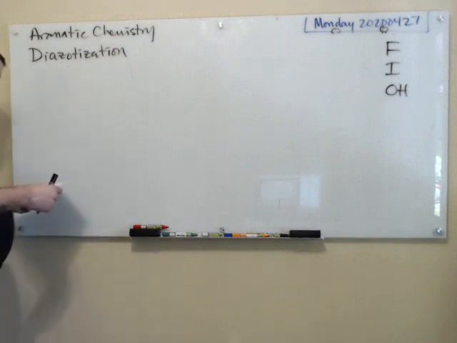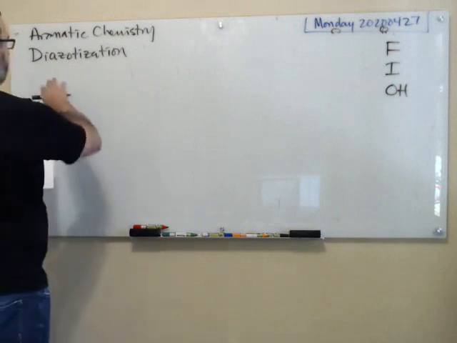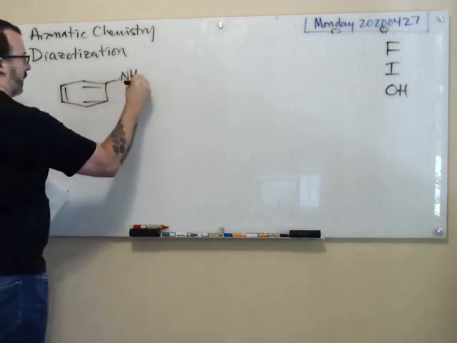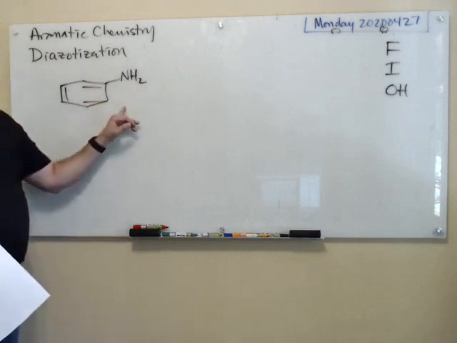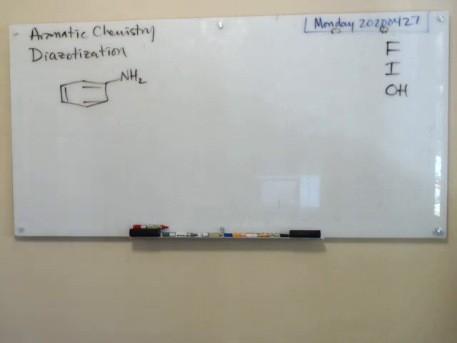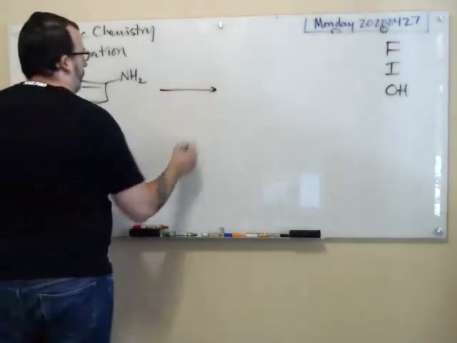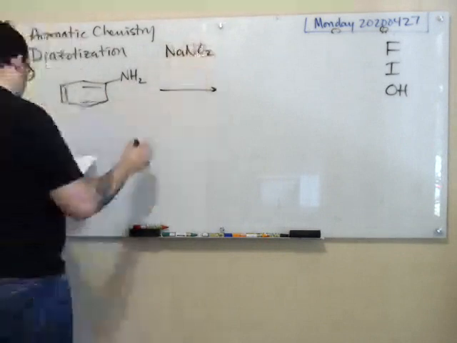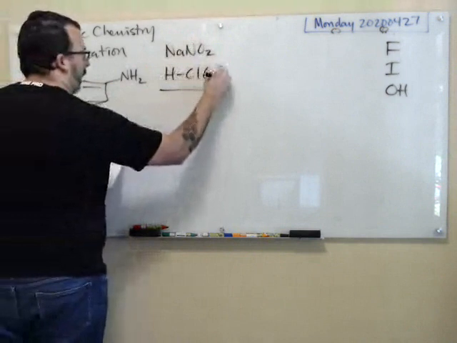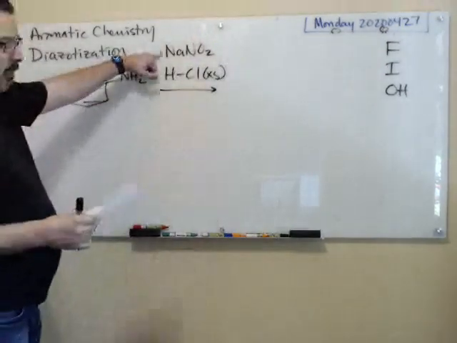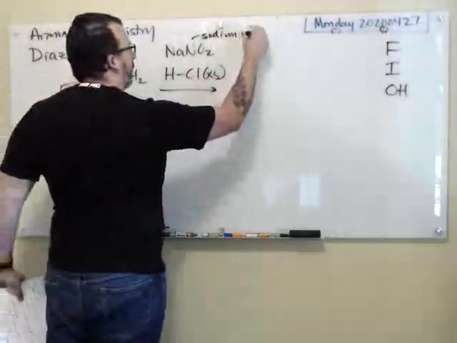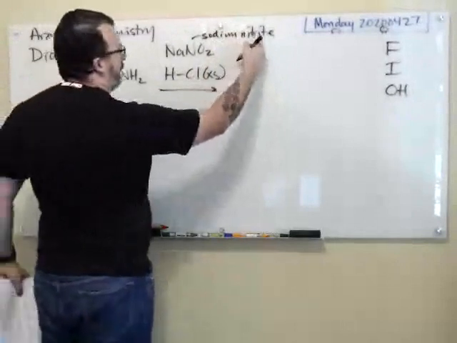So let me just put up what this means. We know how to arrive at aminobenzene. We do a nitration of benzene, then we do a reduction, that gets us the aminobenzene. We can take this, and typically we're using sodium nitrite. So pay attention to the end here, nitrite, NO2.